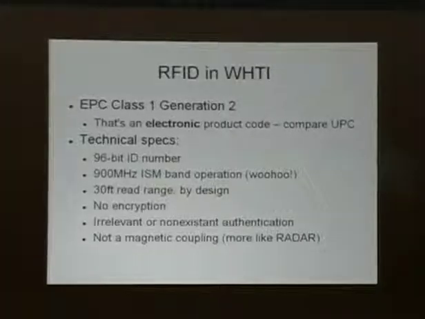The reason why you can get these great read ranges out of this is because it's not a magnetic coupling like RFID. You don't have a coil in the reader and a coil in the card that inductively couple together. The system is a much closer approximation to radar. So if you think of this as a radar tower, and you think of this as a plane, what this is doing electronically is the plane kind of moving its wings back and forth to change its radar cross-section.